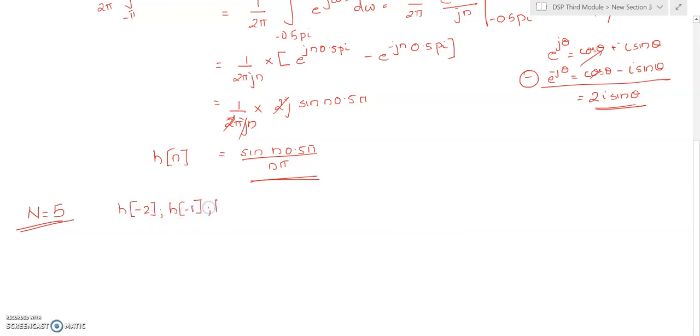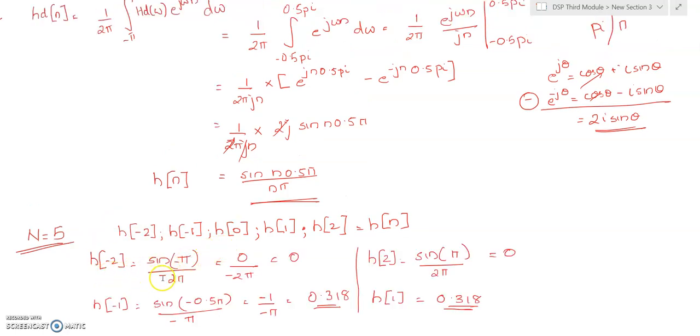So it will have 5 samples: h of minus 2, h of minus 1, h of 0, h of 1, and h of 2. So this will make up your h of n, and we'll have to substitute the value of n in this equation to find out these coefficients. Being the first time, we'll take a look at each individually.